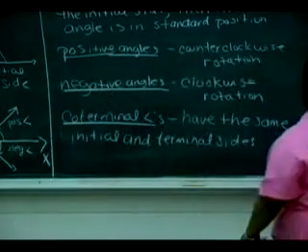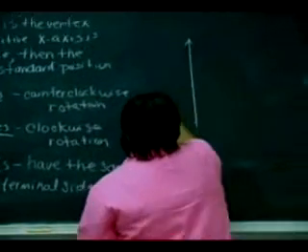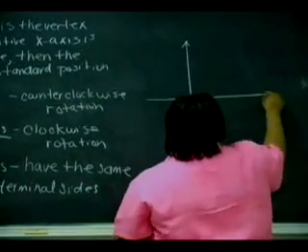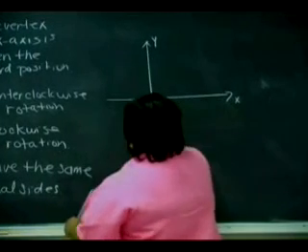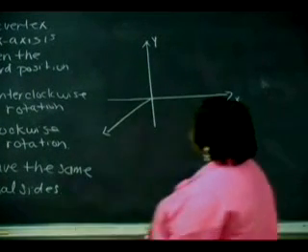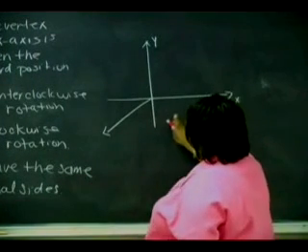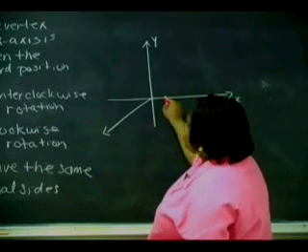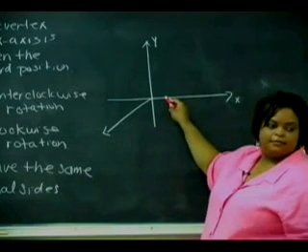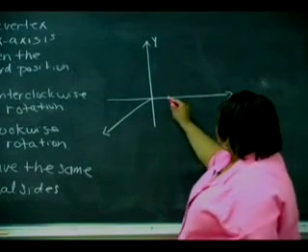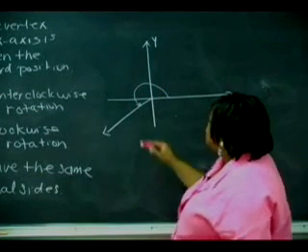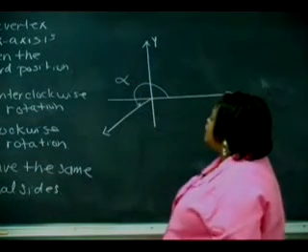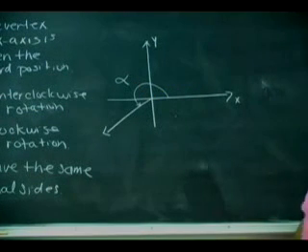For example, suppose we have this angle. Now remember, we start these angles by going from what? This positive x-axis. If we go counterclockwise, this is a positive angle. We can call this angle alpha. That's the Greek lowercase letter alpha.